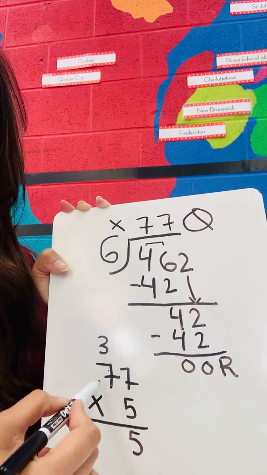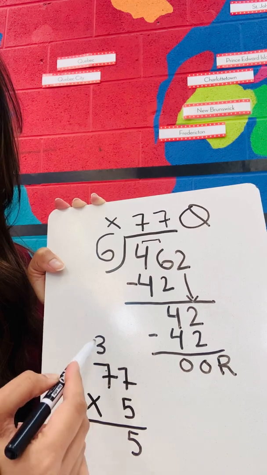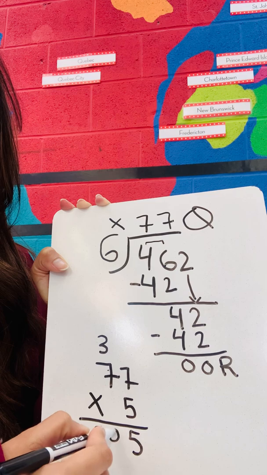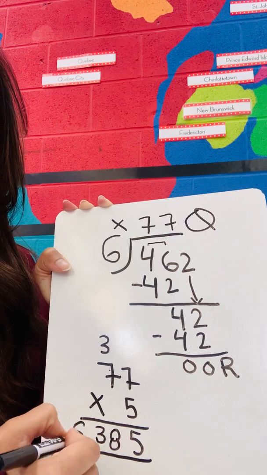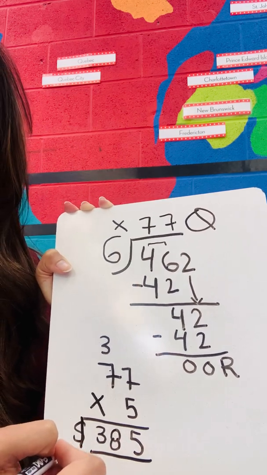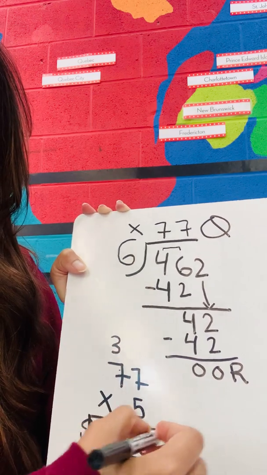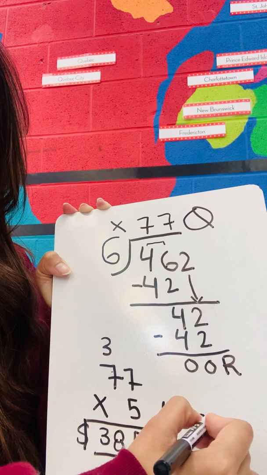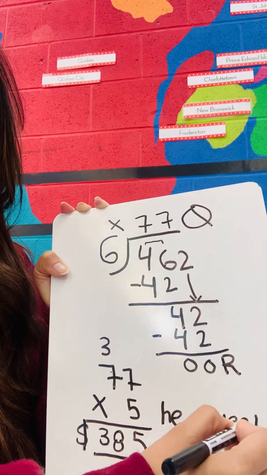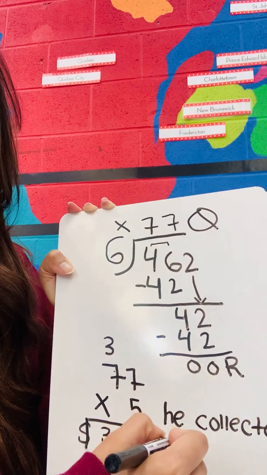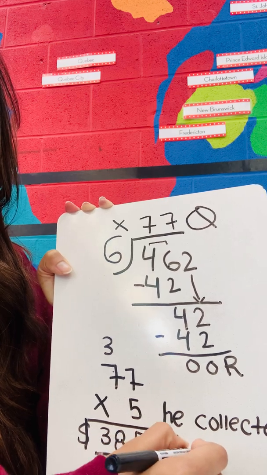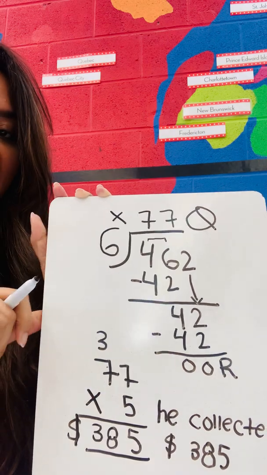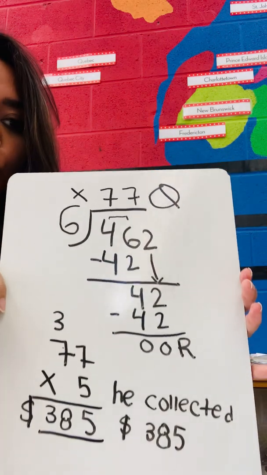And 5 times 7 gives me 35 plus adding this 3, and that gives me 38. So, how much money did Mr. Lee collect? He collected $385. So that is our complete question.